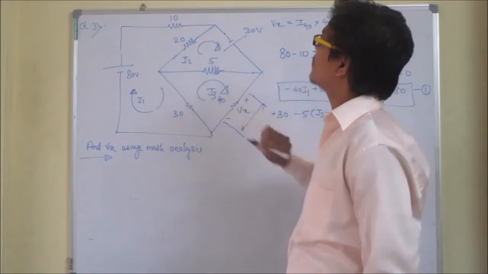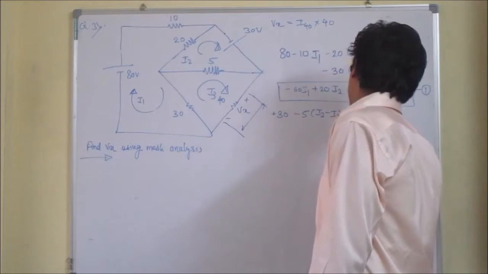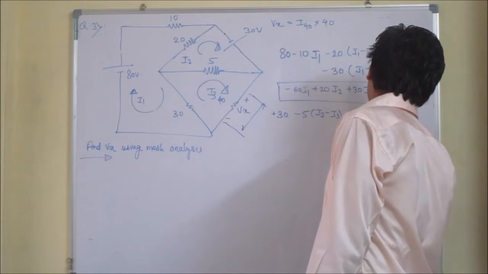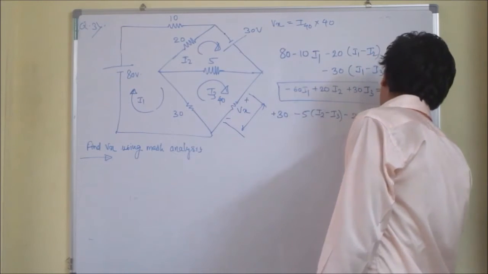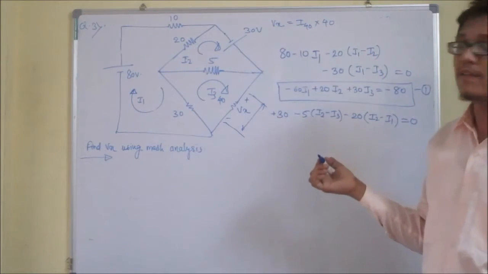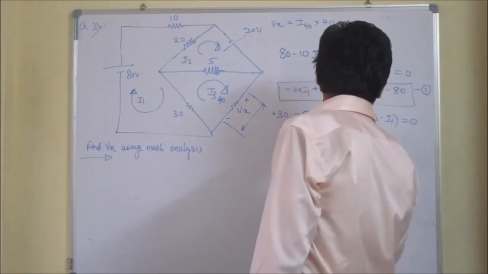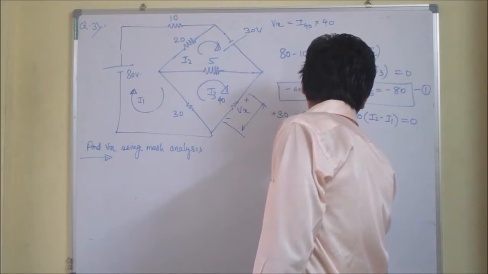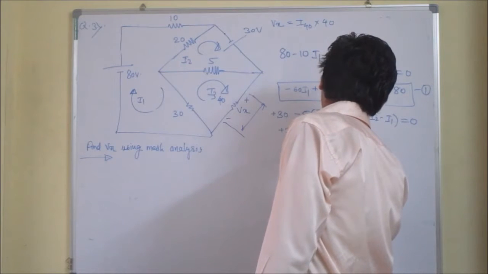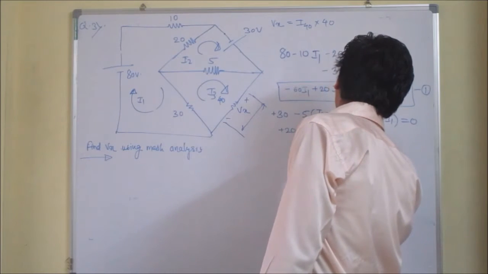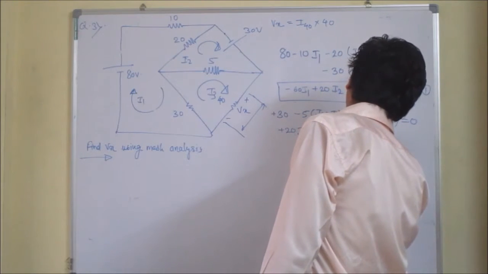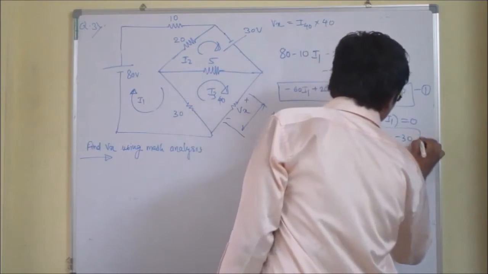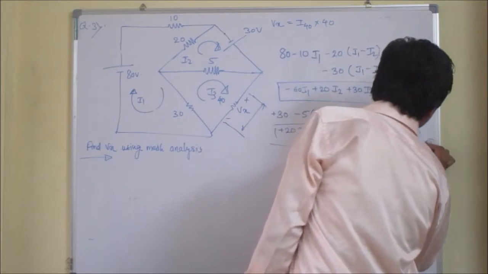Again going through this resistor there is a drop in potential, therefore minus 20 into (I2 minus I1) is equal to 0. Rearranging it, I get plus 20 I1 minus 25 I2 plus 5 I3 equals minus 30. This is my second equation.